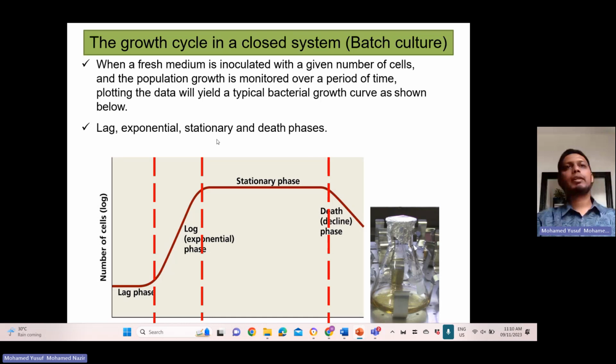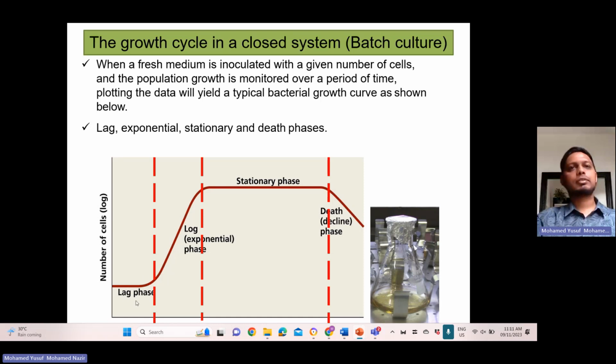The common pattern is a lag phase, where there will be little or no growth. And then there will be a log phase where exponential growth happens, a rapid growth of the cell. And then there will be a stationary phase and also a death phase. I will explain each of the phases.